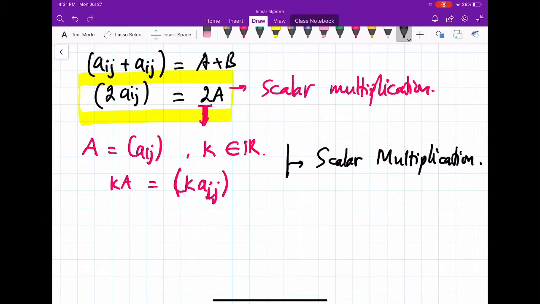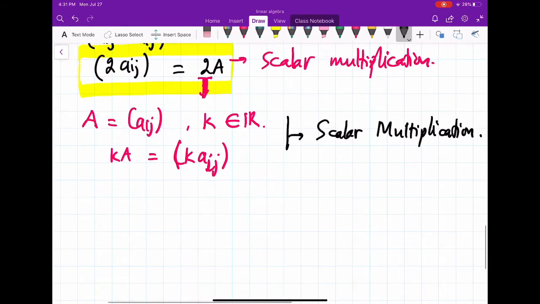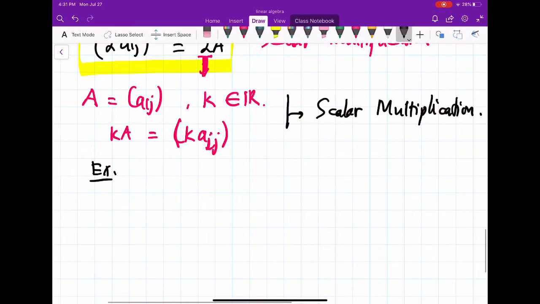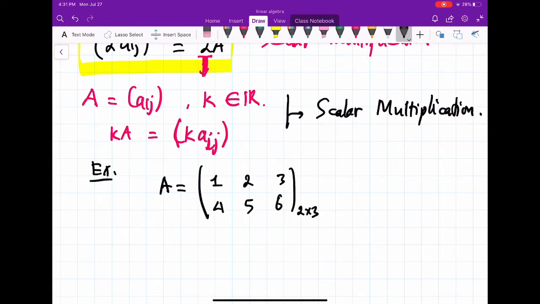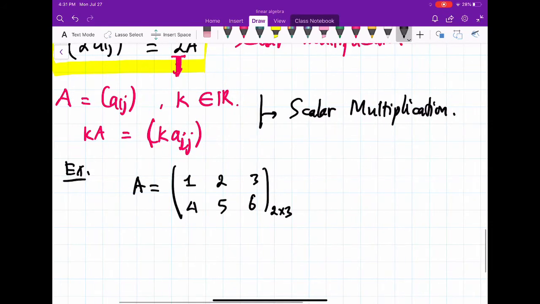Okay, let's consider the following. Let's simplify, okay, let's consider another matrix A: 1, 2, 3, 4, 5, 6. This matrix has the size 2 by 3, 2 rows and 3 columns. And another matrix B, let's say -1, 0, and 3, 2, 1, and -2.